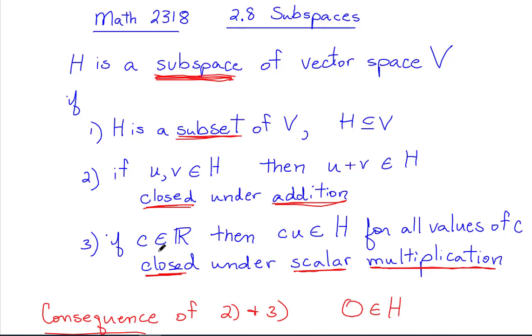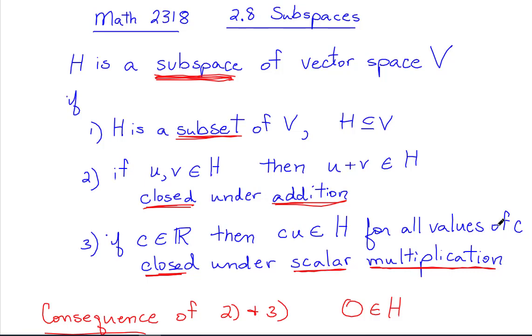And the third thing, if I have a real number, then if I do scalar multiplication by positive numbers, negative numbers, all possible values of C, and it's still in the space, then it is closed under scalar multiplication.